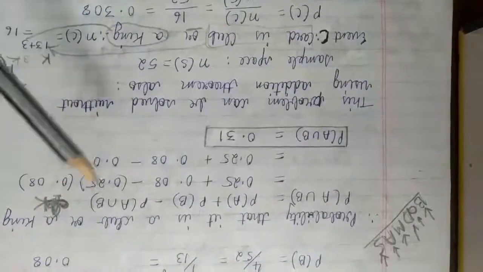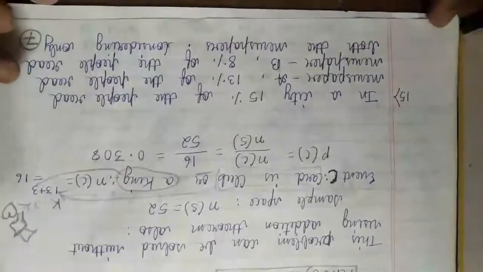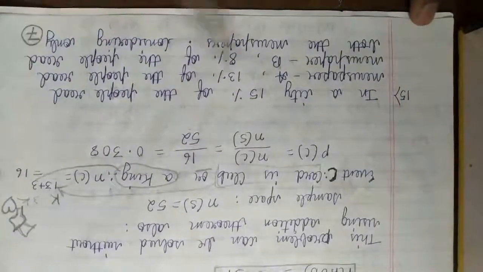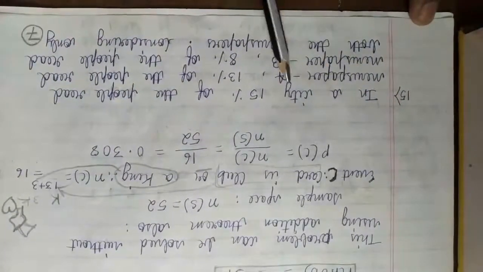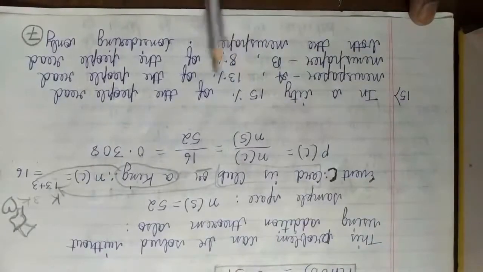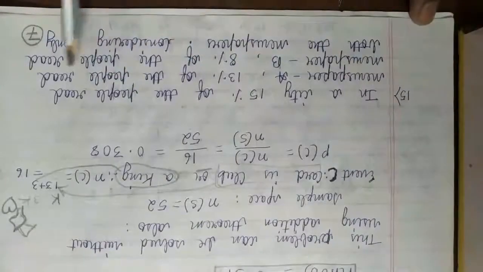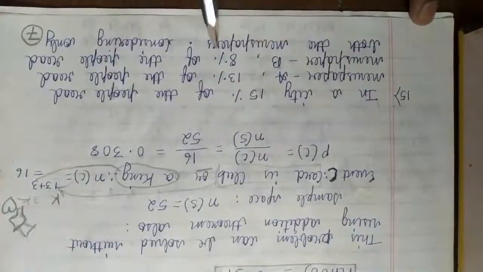Okay, let's move to the next question. The question is like this. Question number 15. In a city, 15% of the people read newspaper A, 13% of the people read newspaper B, 8% of the people read both newspapers.